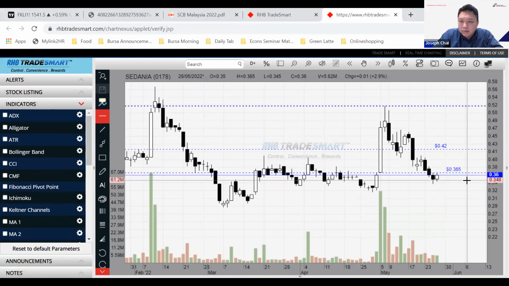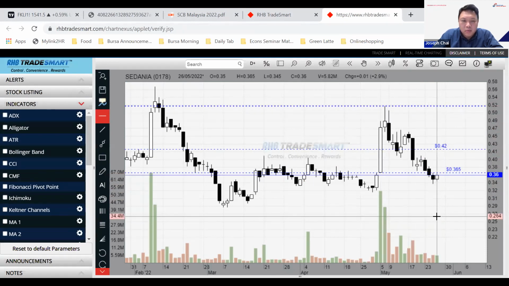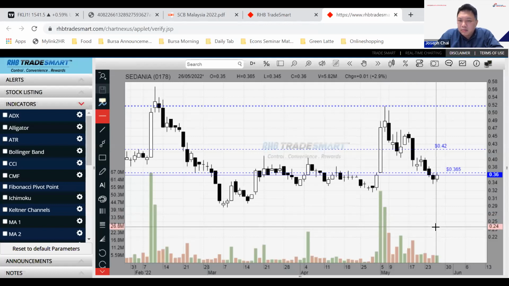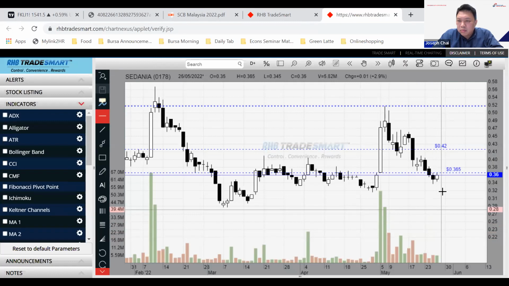That's about Sedania, right? So it depends on your entry price. I can't tell whether Sedania is going up or going down, but at least I know right now this is the white candle. This is actually the 3 level that I'm looking at. Okay, and so let's watch.